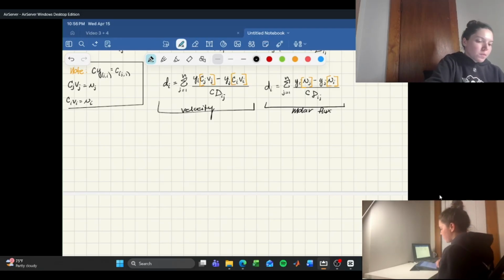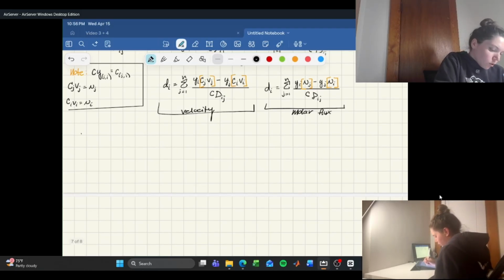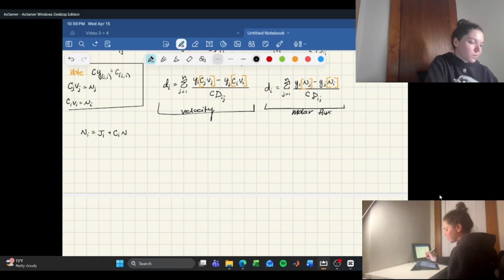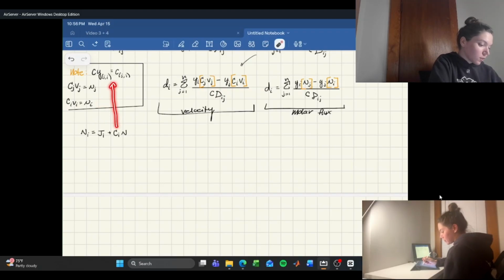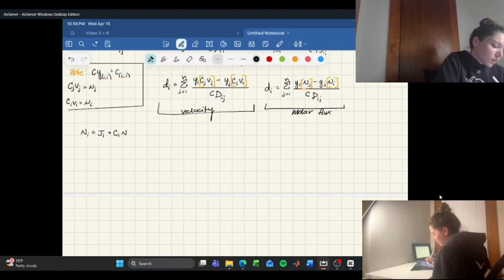So from the last video, if you remember, we said that the molar flux of, let's say, species I is going to be equal to the diffusion flux of species I plus the concentration of I times the overall molar flux, right? And if we look back right here, we can substitute this concentration out.